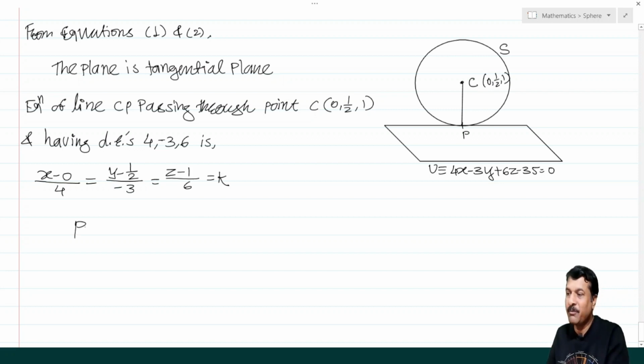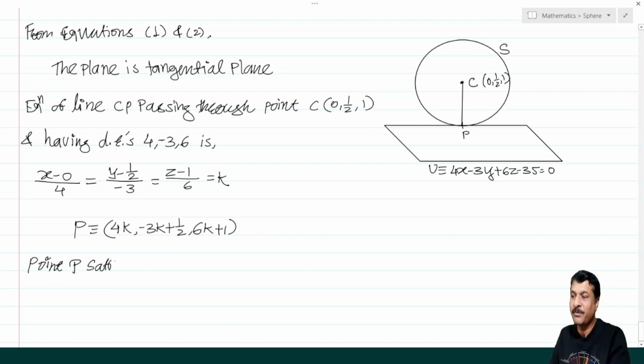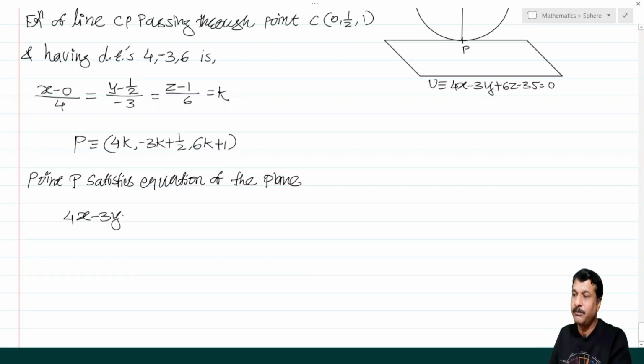And suppose that point P is in the form of (4k plus 0, minus 3k plus half, 6k plus 1). So definitely this point P satisfies the equation of the plane 4x minus 3y plus 6z minus 35 equal to 0.